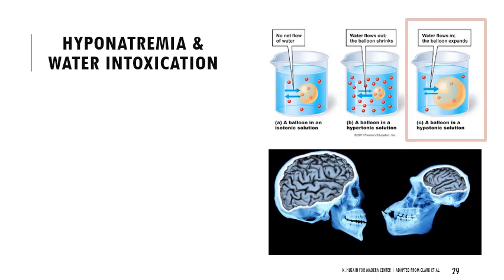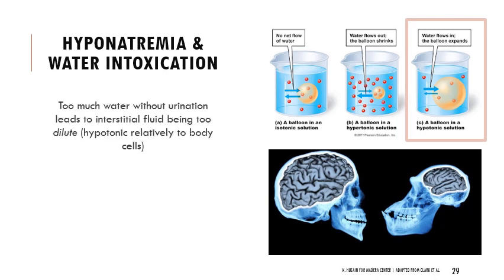If the balloon or the cell is in a hypertonic solution, so there's more solutes outside the cell, water is going to leave the cell to go dilute those solutes, and the cell is going to shrivel up. In a hypotonic solution, water is going to move into the cell to dilute the material inside the cell, and that cell is going to expand. Eventually it might burst, but in certain situations, there are structures in place that prevent it from bursting.